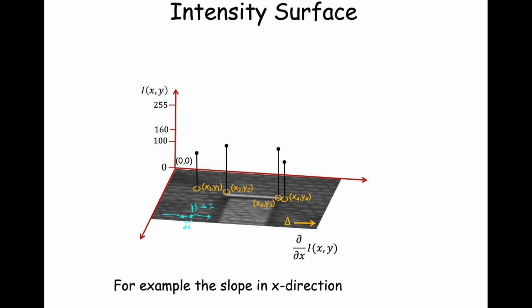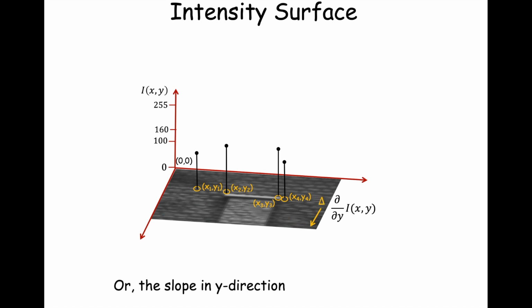And this is how you characterize the shape of the intensity surface and thusly the content of the image. Okay, so you can also do this in the y direction. In that case, your scan line along which you're measuring the change in intensity is with respect to the y-axis, the y coordinate in image coordinates.